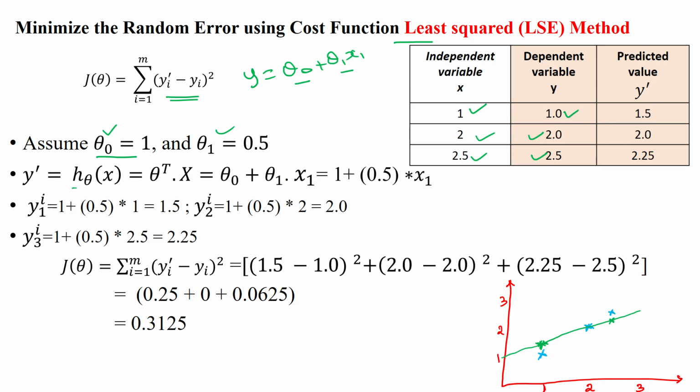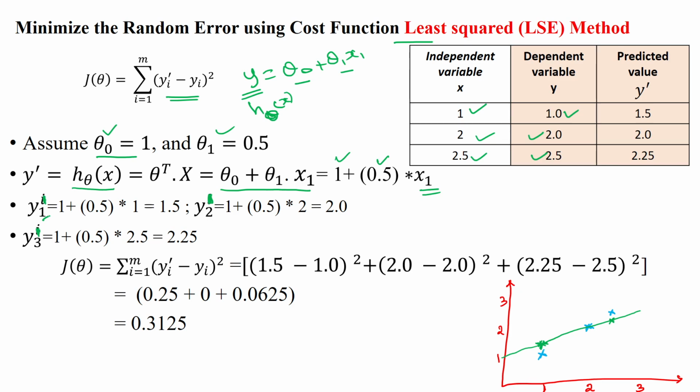Based upon the hypothesis of x, we will calculate the value, using theta 0 equal to 1, theta 1 equal to 0.5, and the x1 value, for each sample. This is y dash.